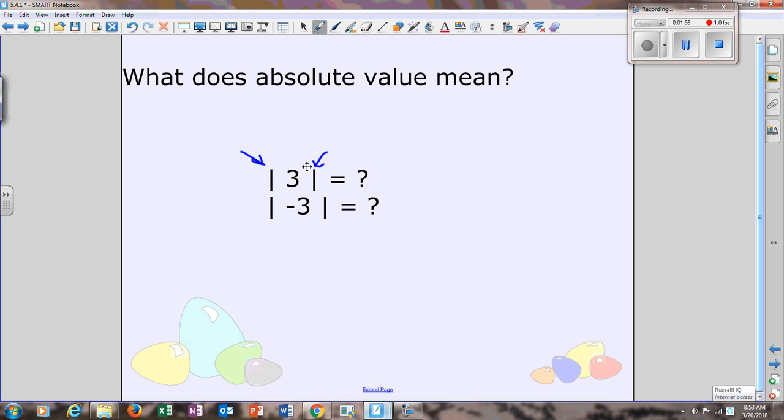Now the absolute value of a positive number keeps it positive. The absolute value of a negative number makes it positive. Remember, the absolute value of any number makes it positive.